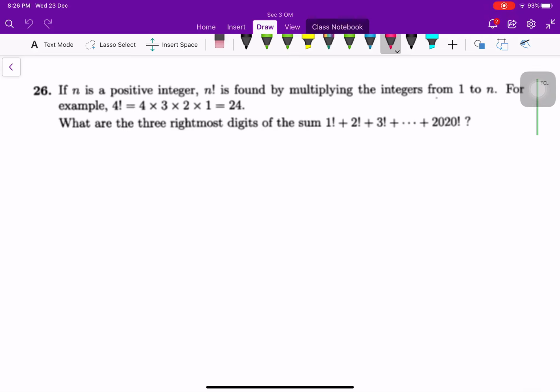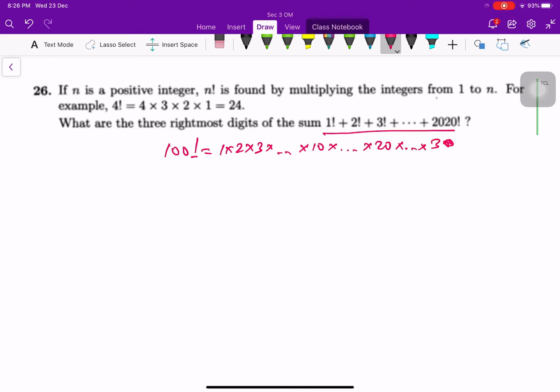Okay, let's look at number 26. This seems to be a very challenging question, right? But do you agree with me that if you look at this number, 100 factorial, it actually represents 1 times 2 times 3 all the way until, let's say, this is 10, and then all the way 20, all the way, and then this will be 30, right?